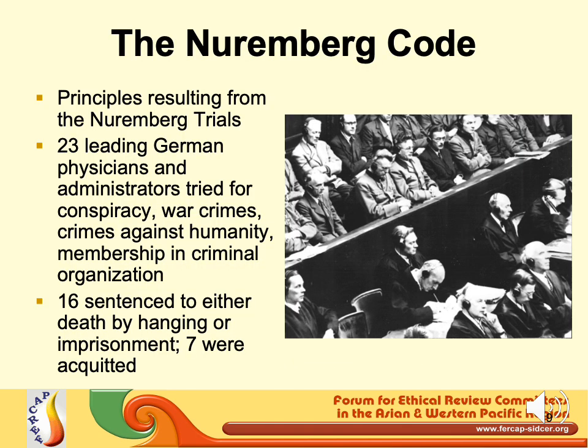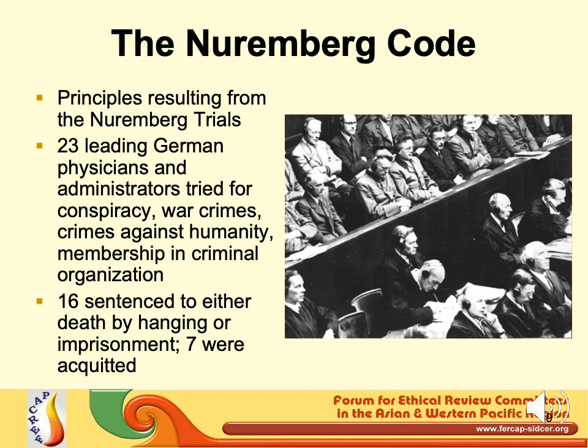The Nuremberg Code, therefore, consisted of principles resulting from the Nuremberg trials, where 23 leading German physicians and administrators were tried for conspiracy, war crimes, crimes against humanity, and membership in criminal organizations.